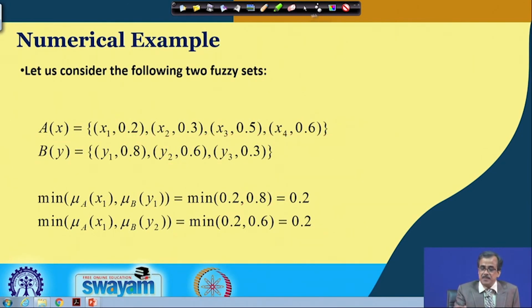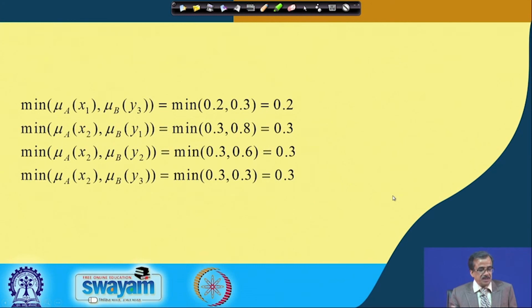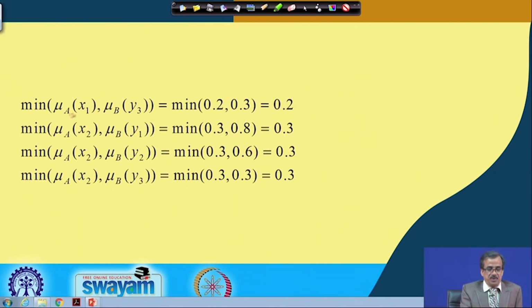By following the same procedure, the minimum between mu A(x1) and mu B(y3), that is the minimum between 0.2 and 0.3, is 0.2. Next is the minimum between mu A(x2) and mu B(y1), that is the minimum between 0.3 and 0.8, which is 0.3.